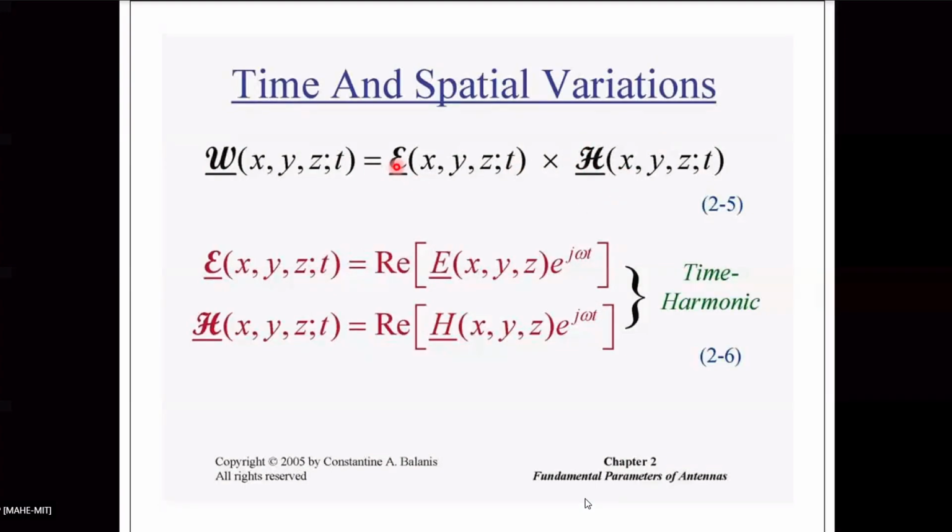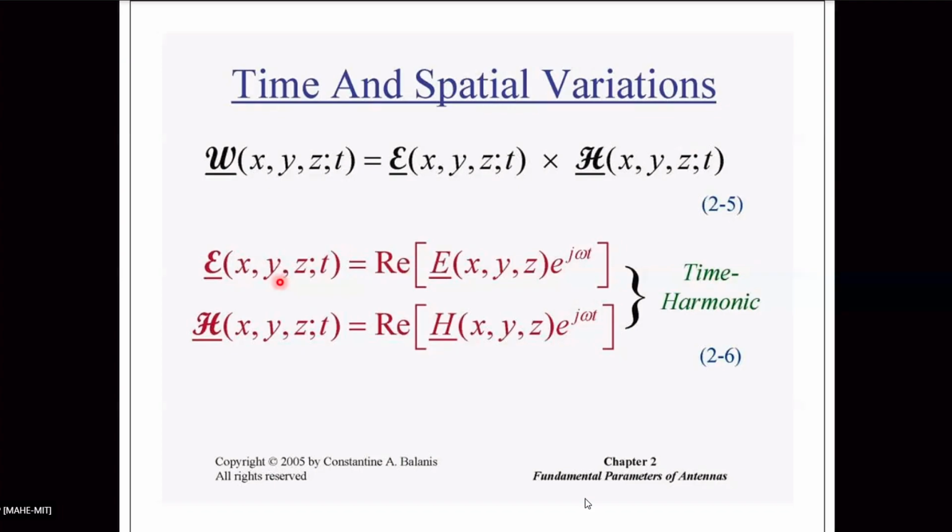Small e represents the instantaneous value of E, small h the instantaneous value of H, and small w the instantaneous value of power density. If you do the cross product of the instantaneous value of the electric field with the instantaneous value of the magnetic field, you will get the instantaneous value of power density.